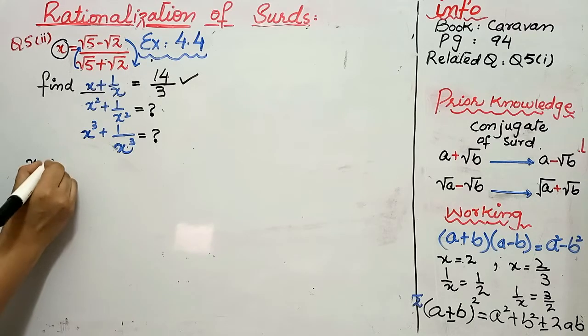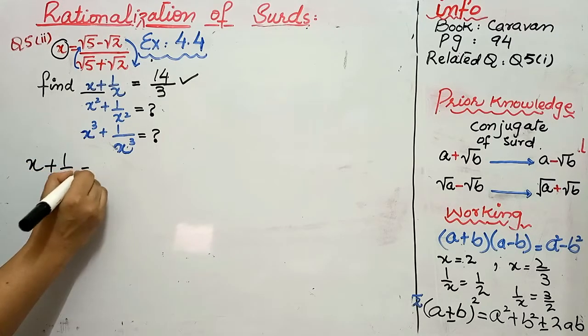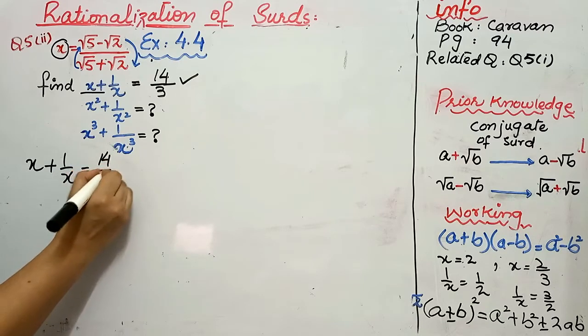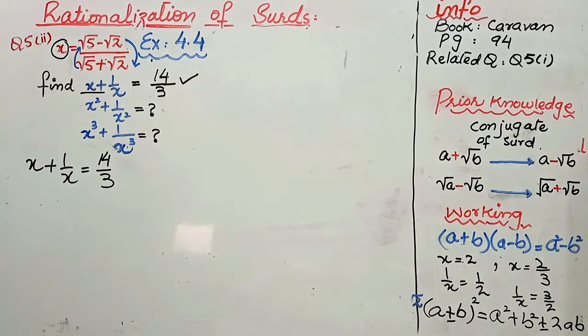Now we are having x plus 1 upon x equal to 14 upon 3. So now we have to find x square plus 1 upon x square. So how we are going to find it? By taking, this is a, this is b.